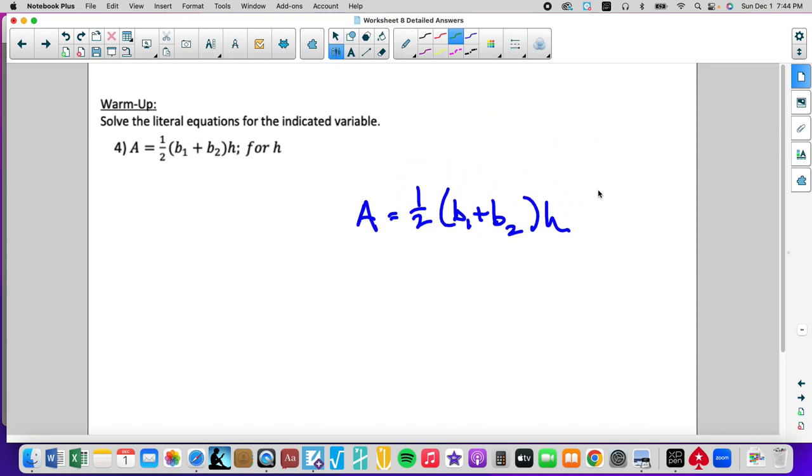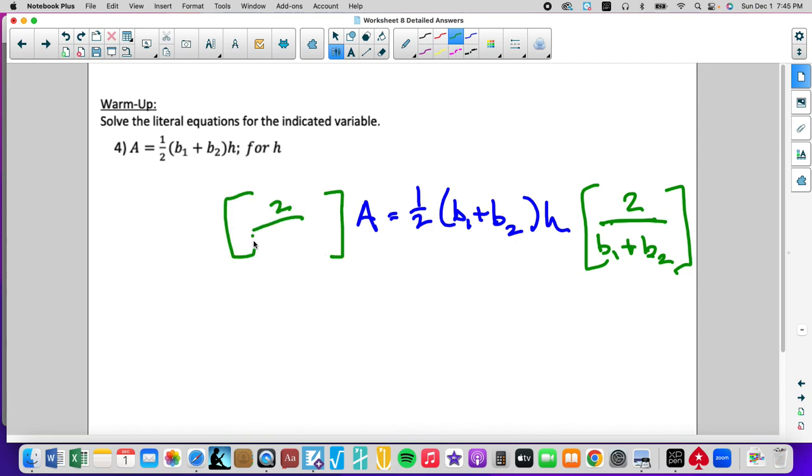The reciprocal is going to be the 2 in the numerator, and then the quantity of b sub 1 plus b sub 2. We don't need parentheses because there's a vinculum here. So we're going to multiply it by 2 over b sub 1 plus b sub 2. And my answer ends up being 2a over b sub 1 plus b sub 2 equals h.